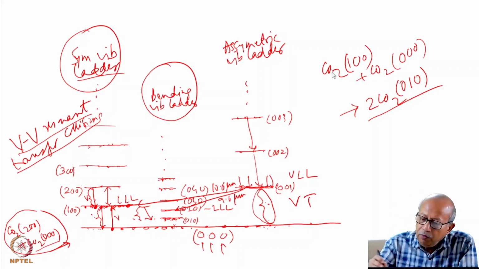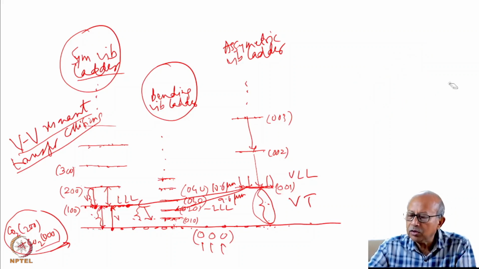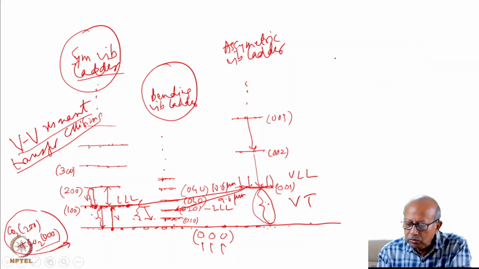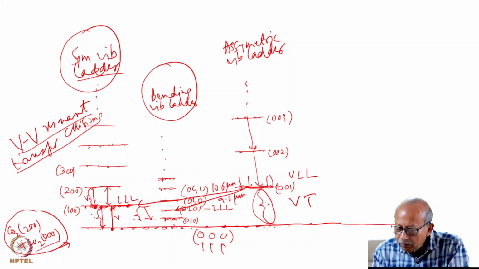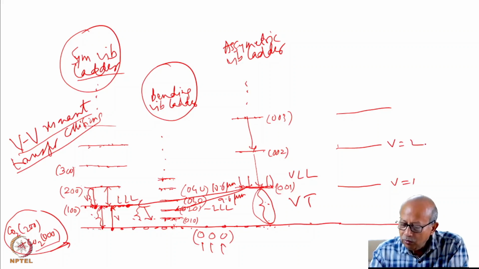Now, if you add nitrogen to this gas mixture along with CO2, and if you raise the temperature, then the nitrogen higher vibrational levels also would be populated. And as you know, this is nitrogen, V equal to 1, V equal to 3, and so on.